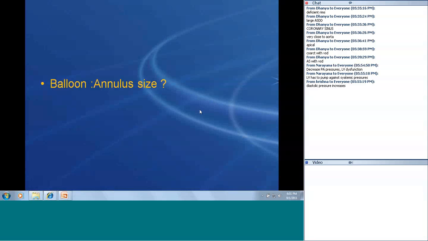Any answers? What is the ratio of the balloon to the annular size in case of aortic stenosis? It's not early morning, it's evening, so I expect some more answers.